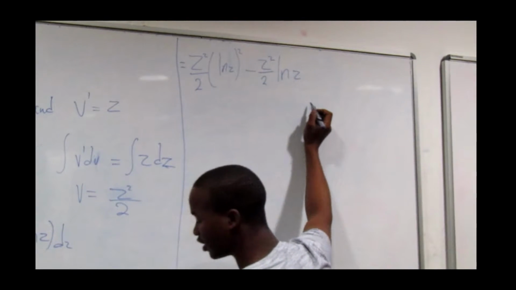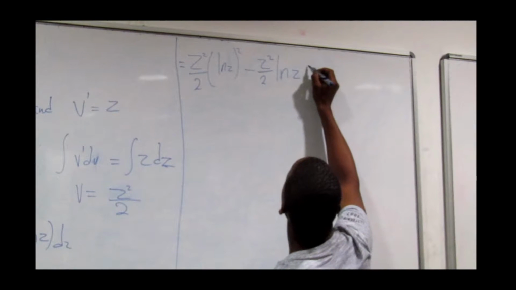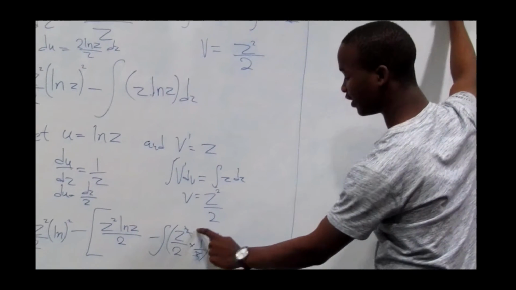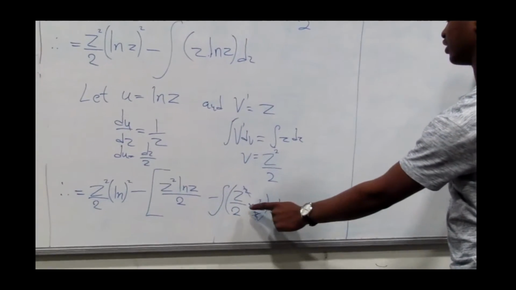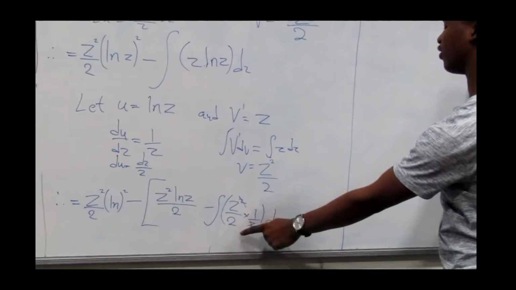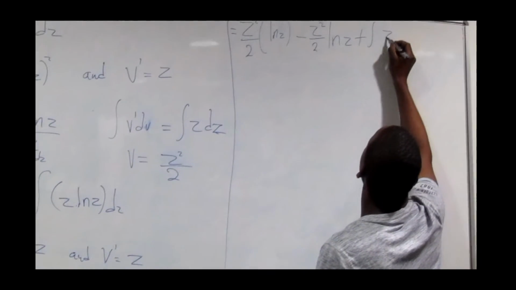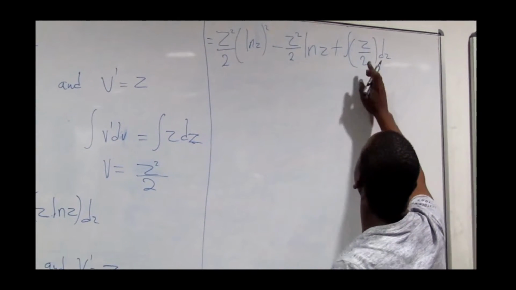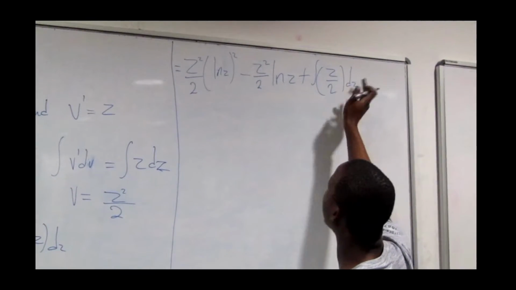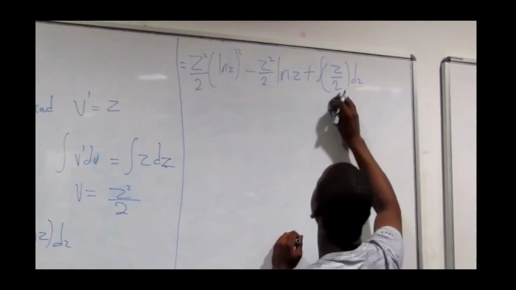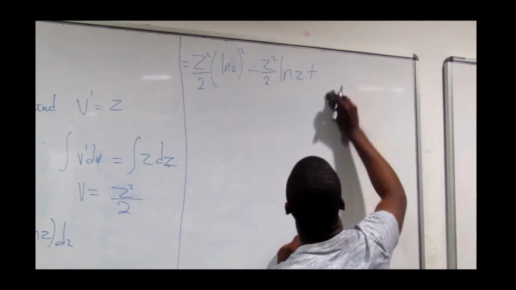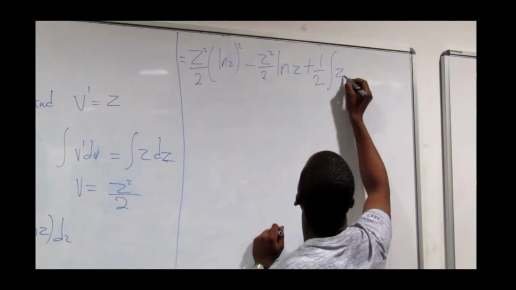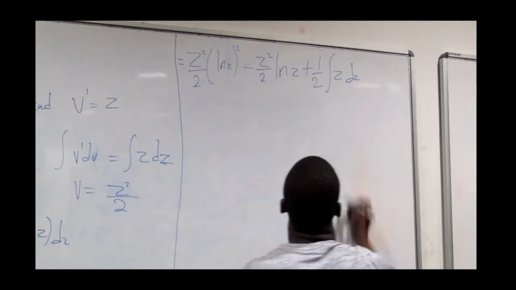Then this and this is going to give us positive, plus the integral of, we said we're going to cancel this and this, of which we are going to be left with z over 2 dz. Then we take this coefficient outside, it's going to be 1 over 2 integral of z dz.